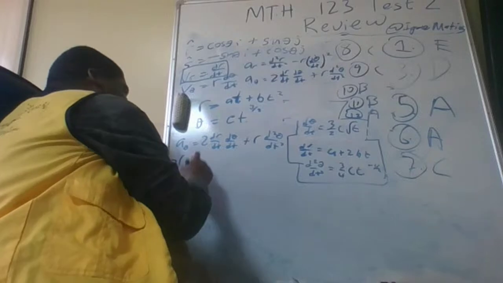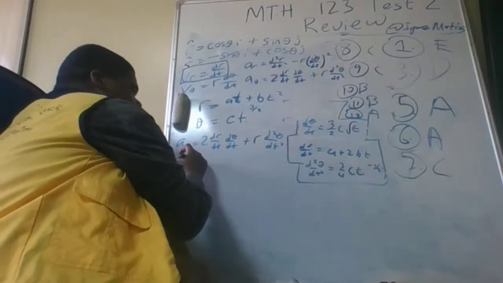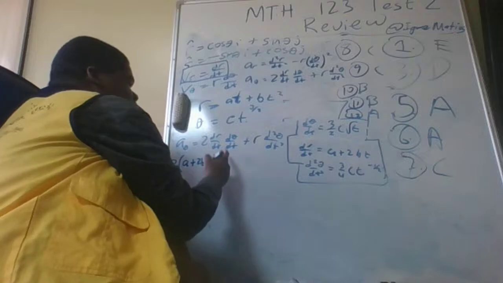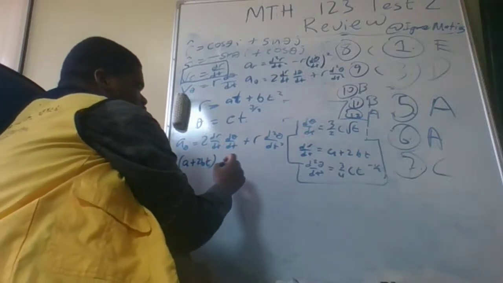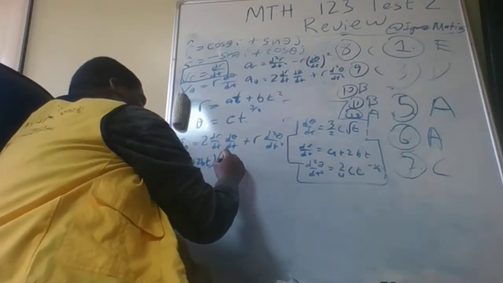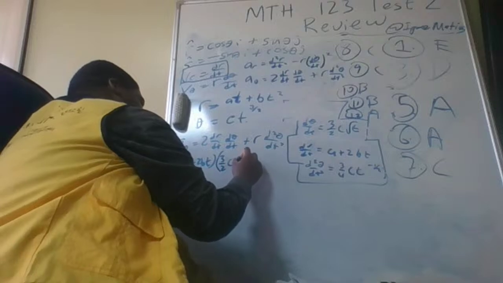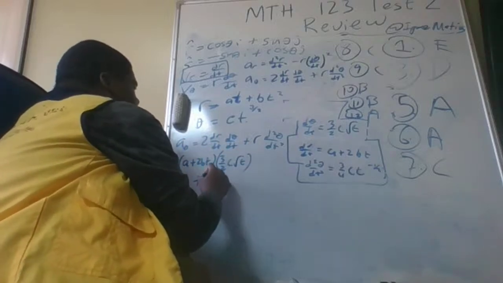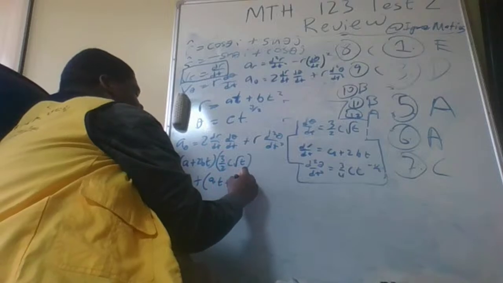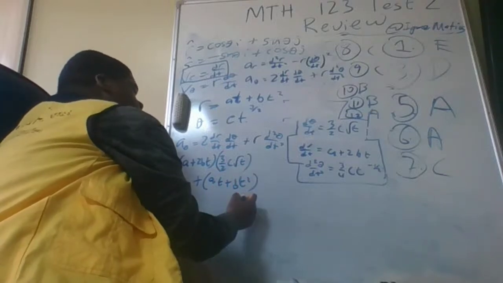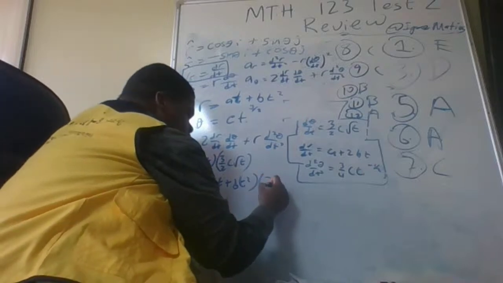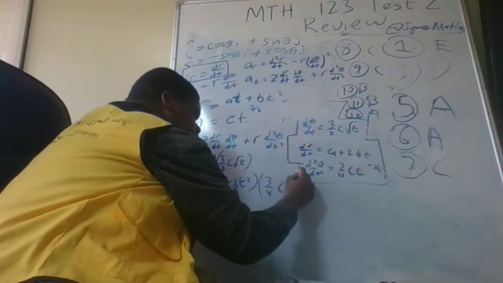We have 2 times r dot, which is equal to a plus 2bt. Theta dot is equal to 3 over 2c root t, plus our radius is a plus bt squared, and the second derivative of theta with respect to time is equal to 3 over 4c t to the power of minus 1 over 2.